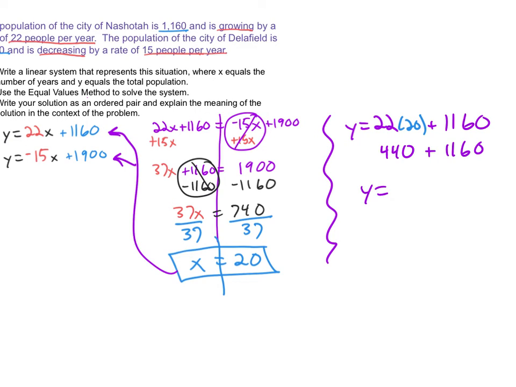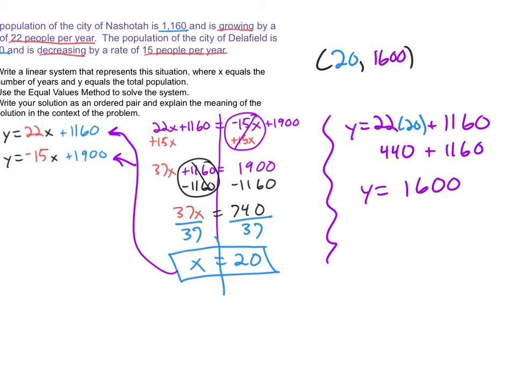So my y in total is going to be 1,600. So my ordered pair will be my x value, which is 20, and then my y value, which is 1,600. Now the last part here again is that it says in context.